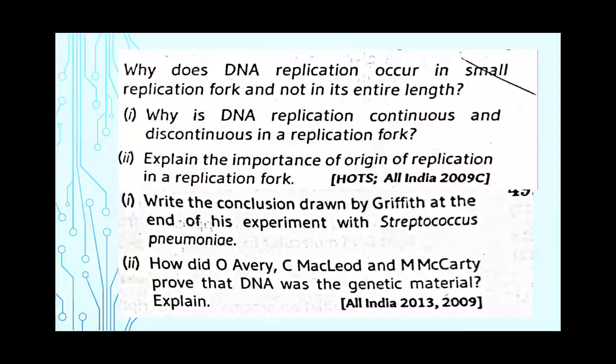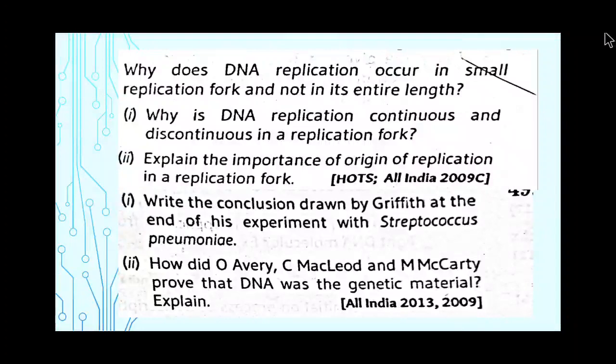So he concluded that R strain bacteria had somehow been transformed by the heat killed S strain bacteria, and some transforming principle transferred from the heat killed S strain had enabled the R strain to synthesize a smooth polysaccharide coat and become virulent. And this must be due to the transfer of the genetic material.